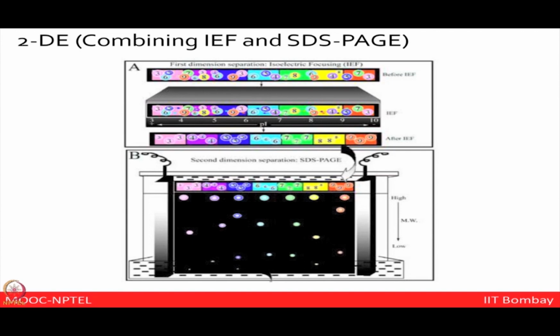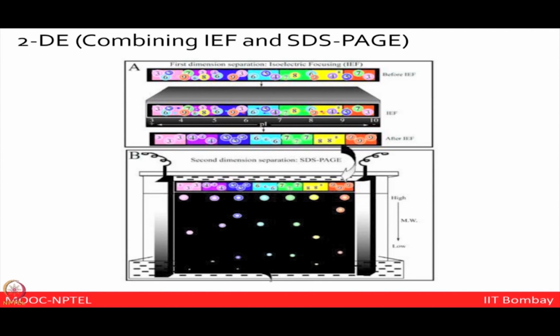So, this is the cartoon diagram showing you the concept of 2-dimensional electrophoresis, where the first dimension protein separation can be done on the IPG strip or immobilized pH gradient strip in the isoelectric focusing field based on their pI values. When pH equals pI, there is no net charge, then the protein will stop migrating in the electric field, and this is how you can separate the proteins based on their pI values, using either a 3 to 10 IPG strip or a 4 to 7 IPG strip. You can choose as per the relevance.